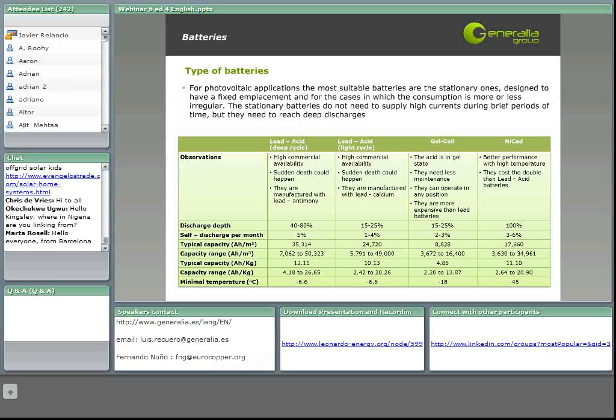Normally, we have to know that gel cell batteries need less maintenance and can be operated in any position, so they are normally used, for example, in applications of traffic lights and for illuminating the city, but they are much more expensive than the lead acid ones. So, for normal commercial applications, we will use lead acid types.